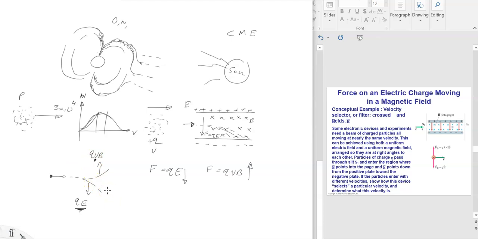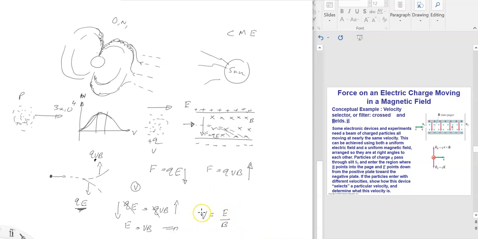The particles that have that particular velocity where qE equals qvB, the downward force and the upward force are equal, so they will travel without deflecting in a straight line. If I cancel the q, I have E equals vB, so this gives me v equals E over B.